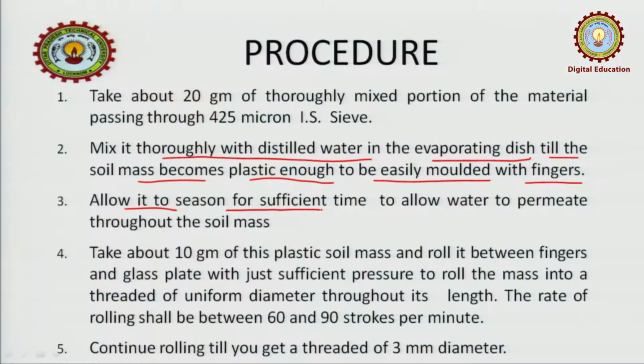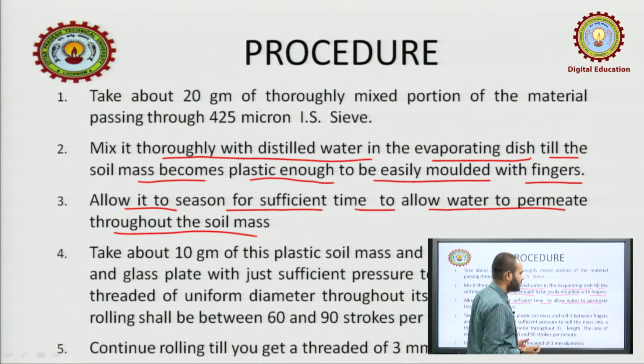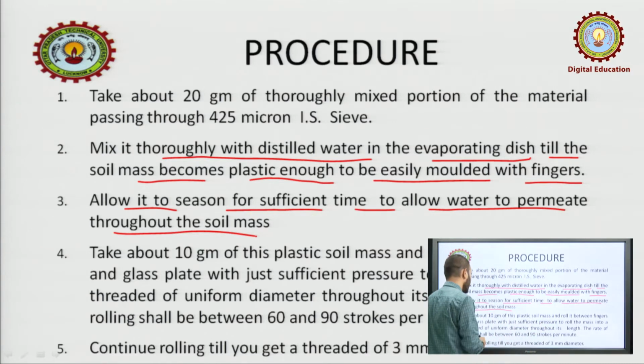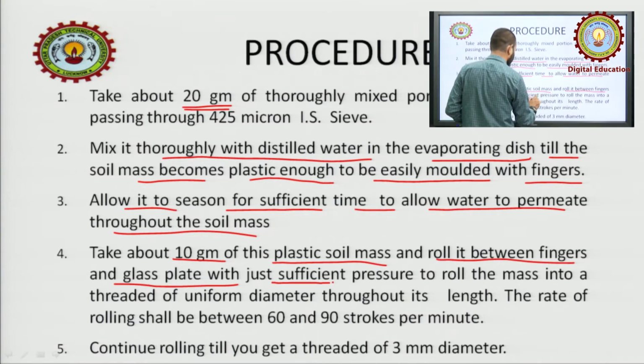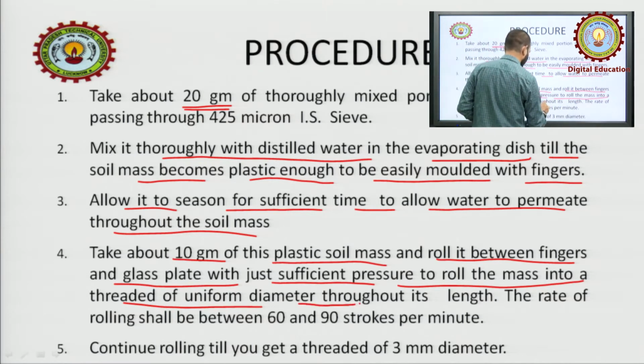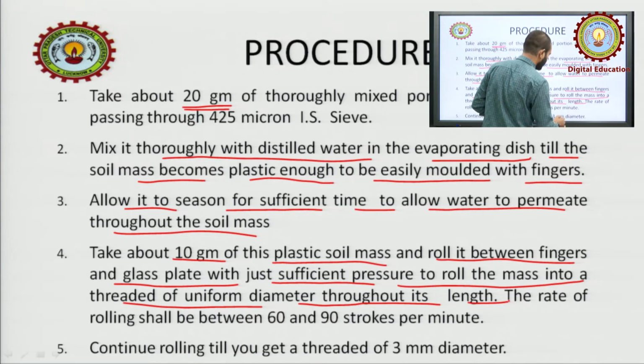Allow it to season for a sufficient time to allow water to penetrate throughout the soil. This means we leave that moist soil for some time to soak up the water. Then we take 10 grams out of the 20 grams we mixed, of the plastic soil mass, and roll it between the fingers and the glass plate with just sufficient pressure to roll the mass into a thread of uniform diameter throughout its length.